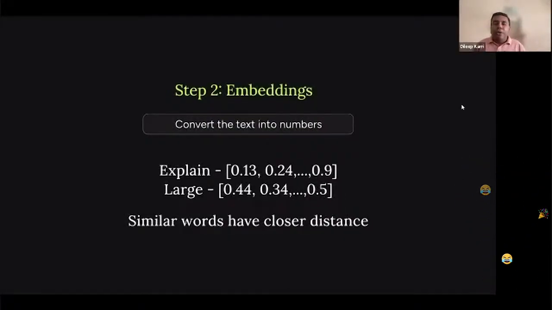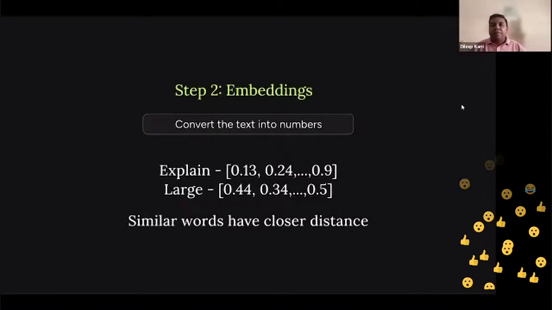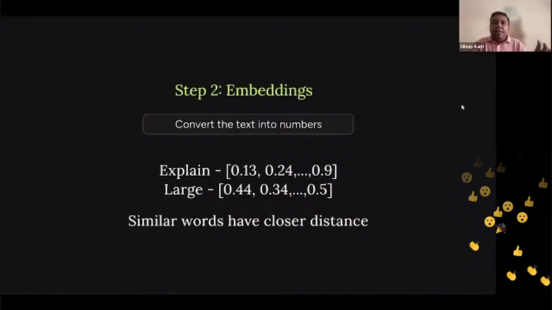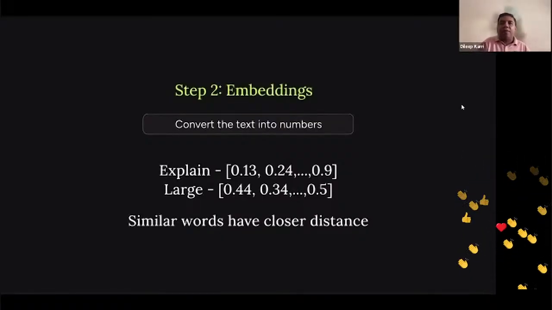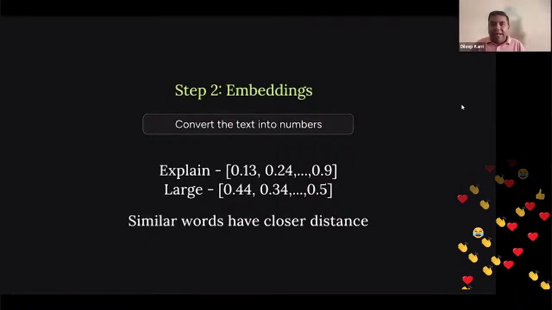Now, as a human, if you give me a coordinate, can I understand what place you are referring to? Absolutely not, because I don't remember that. Unless you tell me Statue of Liberty, I won't understand. So think of embeddings as the process of transforming words into coordinates.